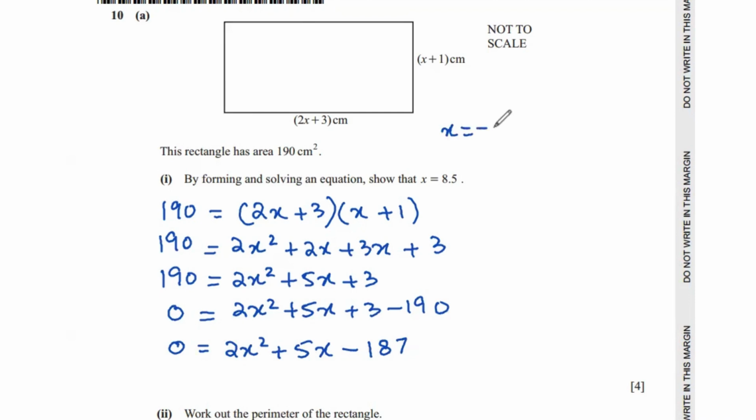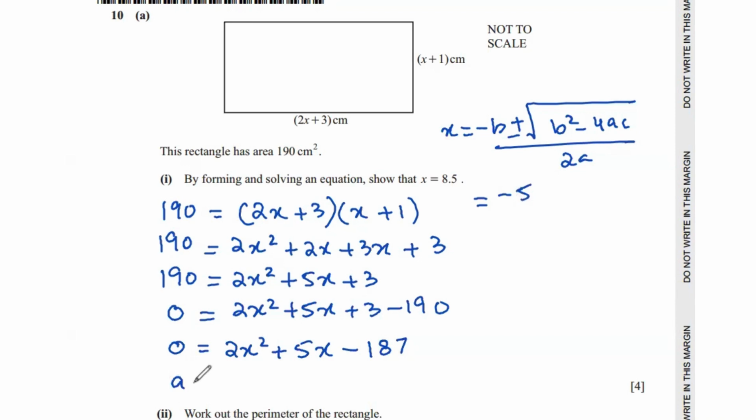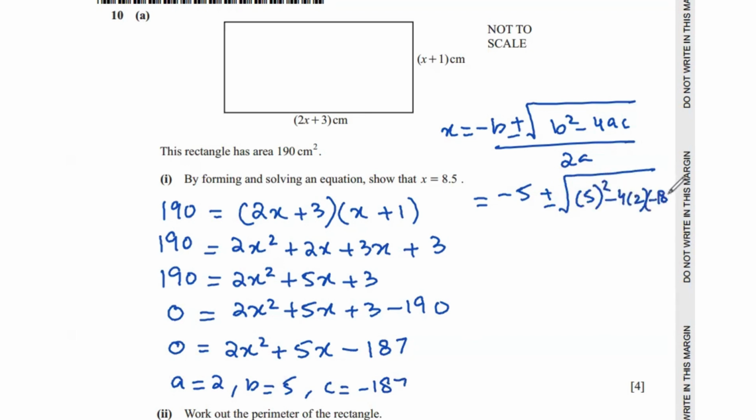x equals negative b plus minus square root of b squared minus 4ac over 2a. So if we write a, that's 2, b is 5, and c is negative 187. Negative 5 plus minus square root of 5 squared minus 4 times 2 times negative 187 over 2 times 2.